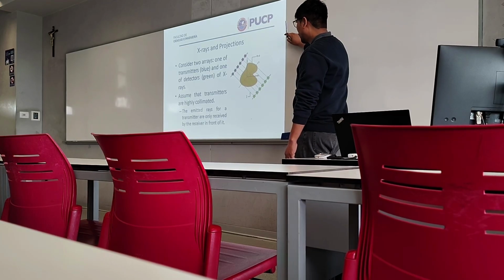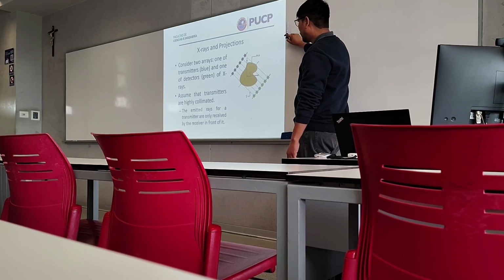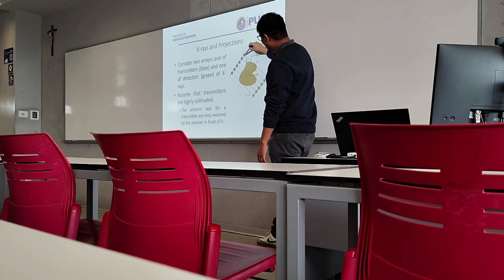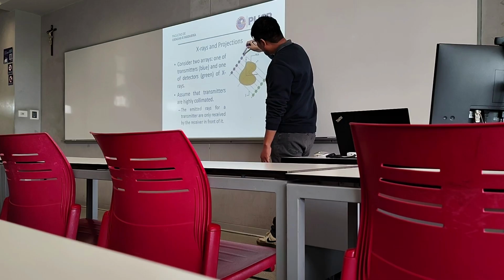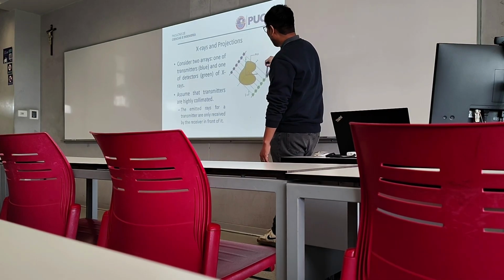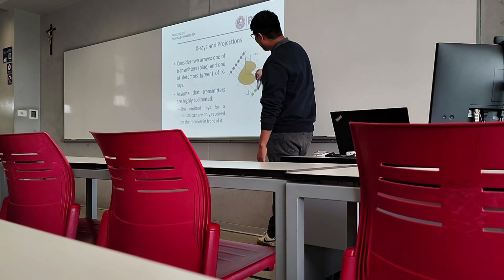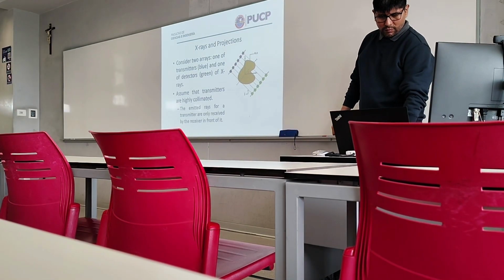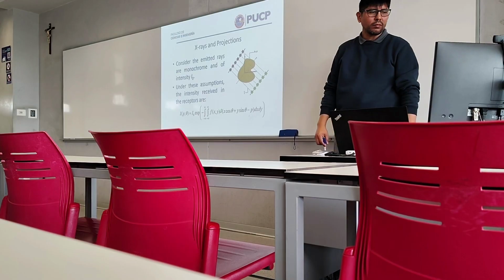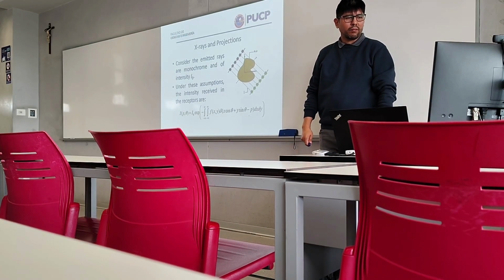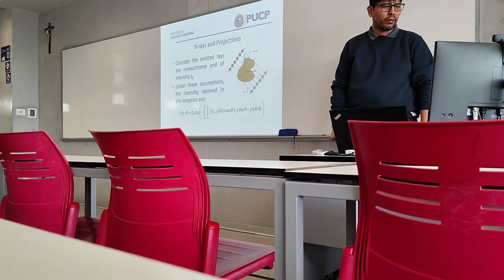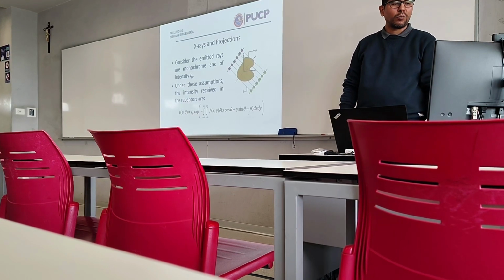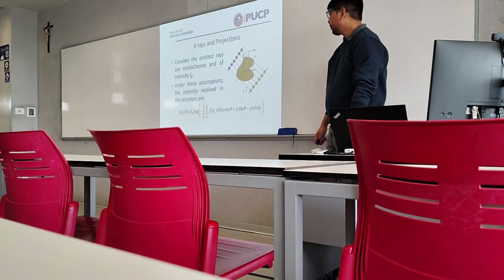The emitted rays from a transmitter are only received by the receiver in front of it. That means this detector will only have information in this direction. It's not going in all directions, only one direction. Consider the emitted rays are monochrome and of intensity I0.